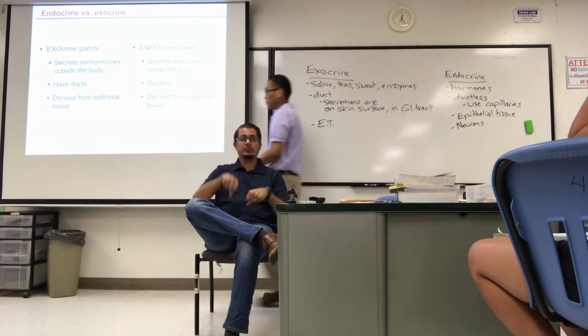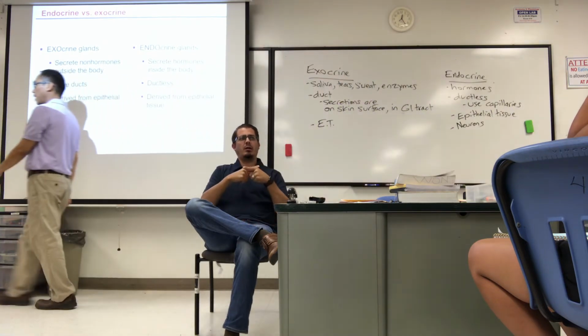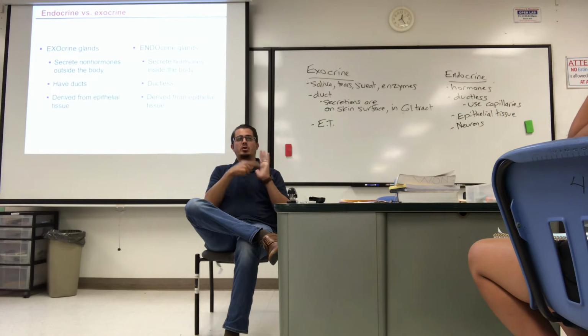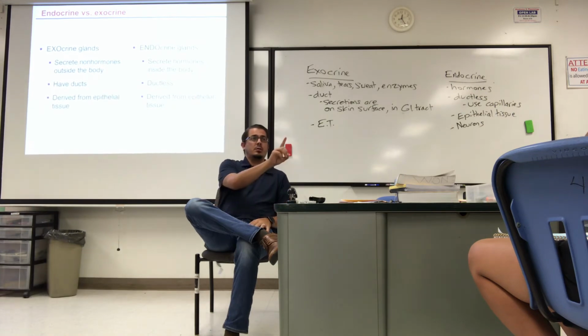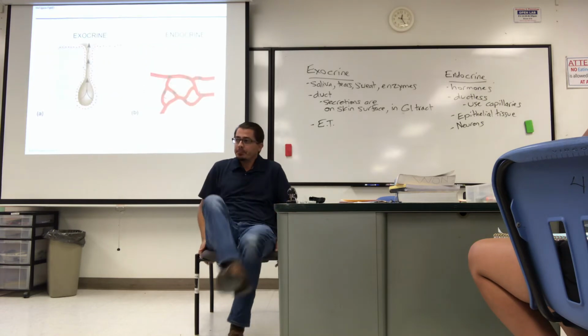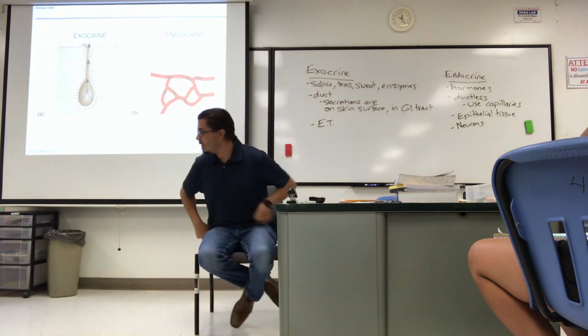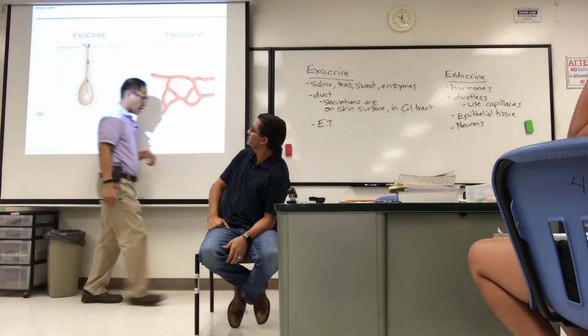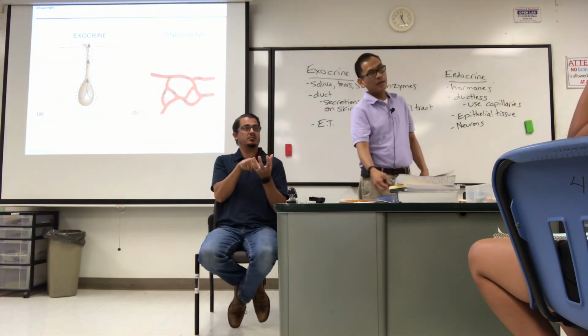So let's just kind of compare and contrast. The picture on the next slide kind of shows you that difference between the ducts and the no ducts. The exocrine slide, you can see the duct remains as a conduit.